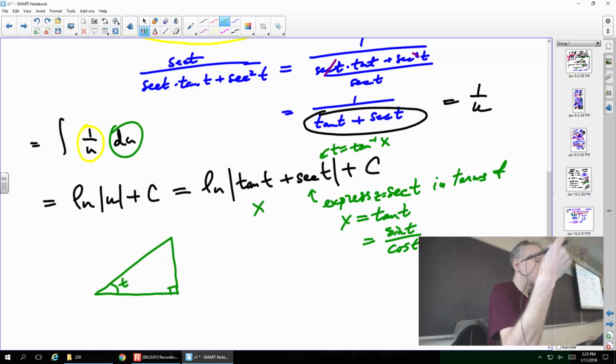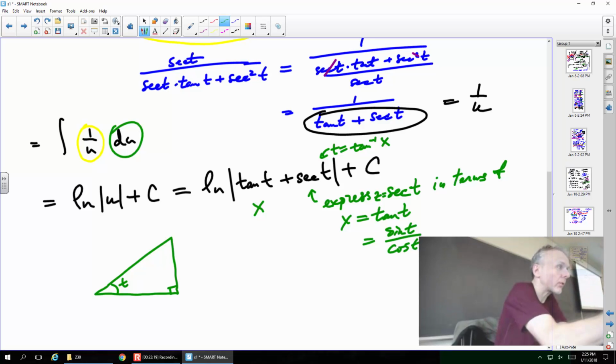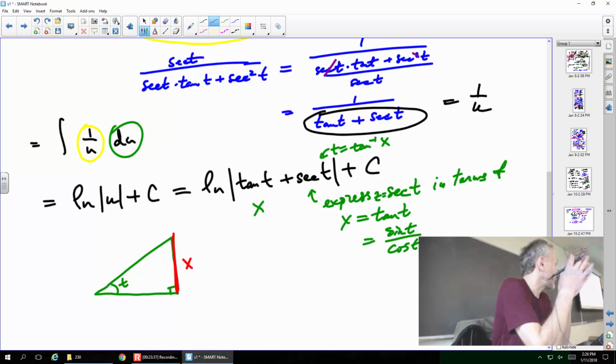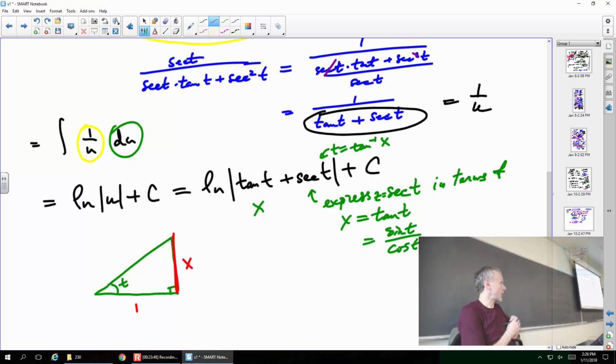X will be the opposite side of the angle, and the tangent is the ratio of the opposite over the adjacent.